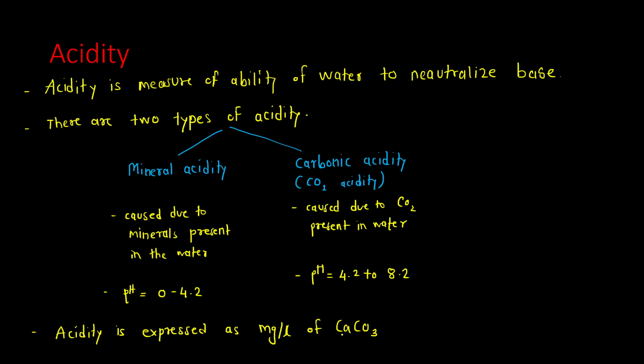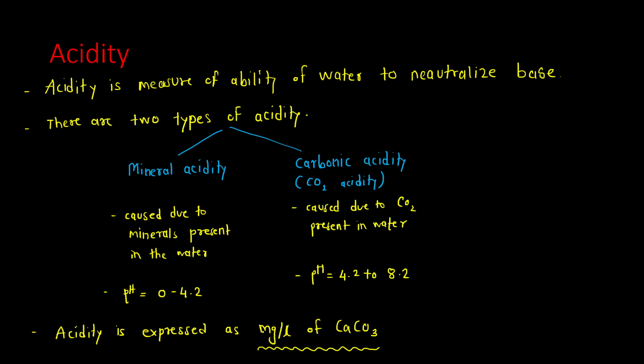We will be calculating acidity, alkalinity, hardness, all the properties, and we will be expressing them in terms of mg per liter of CaCO3. Just as we convert units into SI units for simplification, in a similar way these properties we convert into one single unit, that is mg per liter of CaCO3. There is nothing else required.